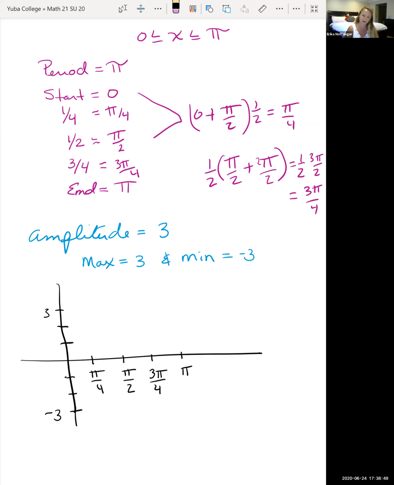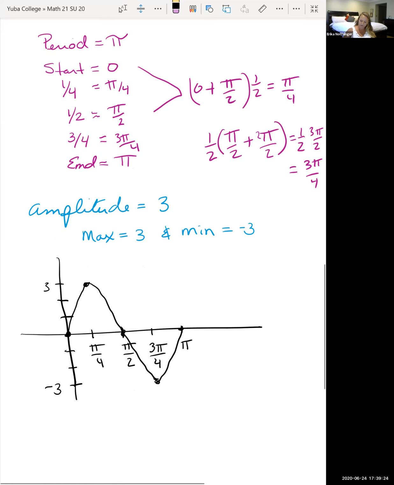And then I need to determine which direction I'm going. The coefficient in front of my sine is positive, so I'm going to increase first. So pi fourths is where I'm going to hit my maximum. Pi halves, I'm going to hit my x-axis. 3 pi fourths, I hit my -3. Pi, come back and hit the x-axis. So that's just one period of the graph, but that goes on infinitely.